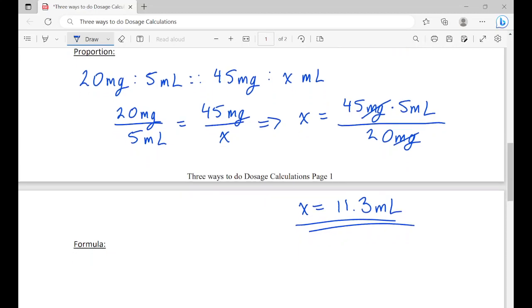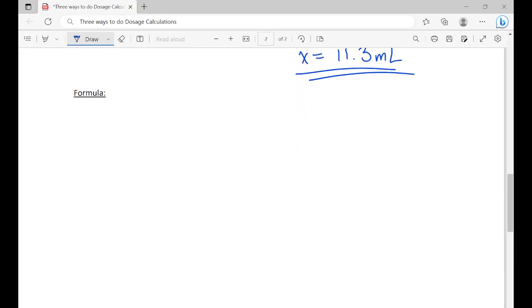Now last is the formula method. Now the formula method, obviously you need to know the formula, and it is the desired or ordered divided by the available multiplied by the quantity. And we're just going to plug everything in. Now in ours, we had an order of 45 milligrams.